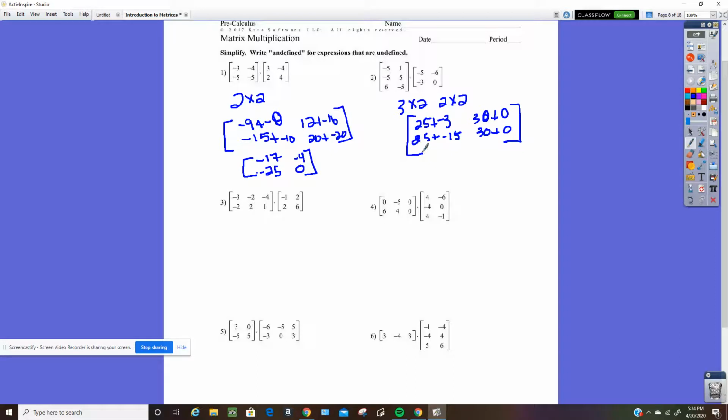And then the last row, negative 30 plus 15 and negative 36 plus 0. So I get 22, 30, 10, 30, and negative 15 and negative 36.